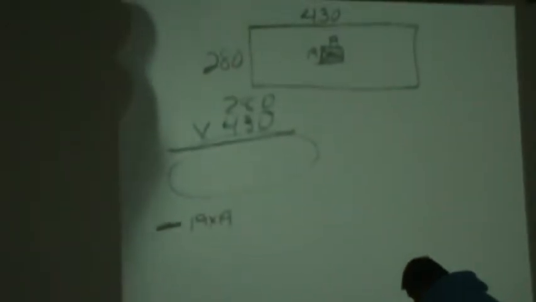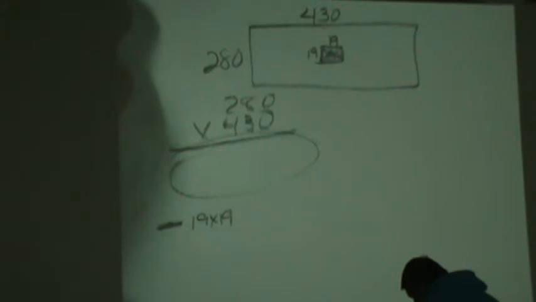A square patio occupies the center of the building, 19 by 19. So if you subtract this, you'll see what area remains, right? So you have 280 times 430, and then you're going to subtract whatever 19 times 19 is. Okay, make sense?